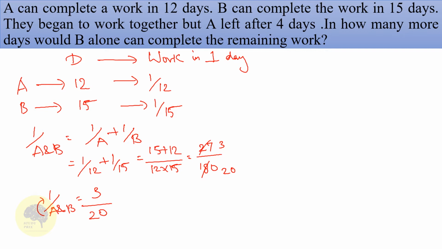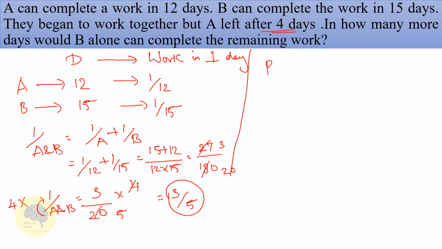And in the question, it is given that A and B work together for 4 days. So we have to find the work done by A and B together in 4 days. Just multiply it with 4. You will get 3 by 5. Therefore, 3 by 5 amount of work can be done by A and B together in 4 days. From this we can find the remaining work. Just subtract it from 1, minus 3 by 5. Therefore, 2 by 5 is the remaining work.